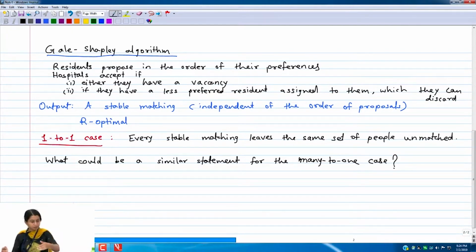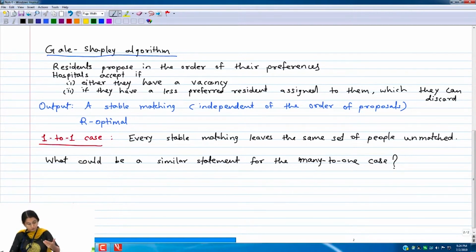Can you suggest what statement I should write now? In the case of hospitals, we are no longer using the word unmatched. We say undersubscribed instead, because they can possibly get some residents but may not get up to capacity many residents.